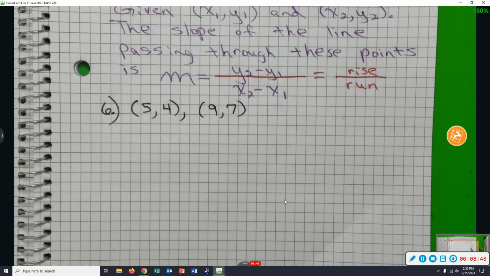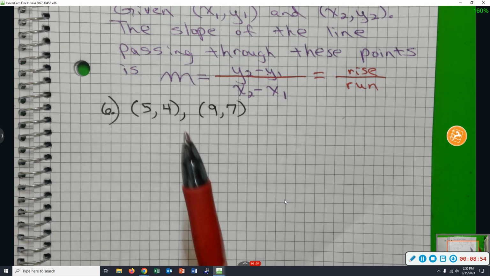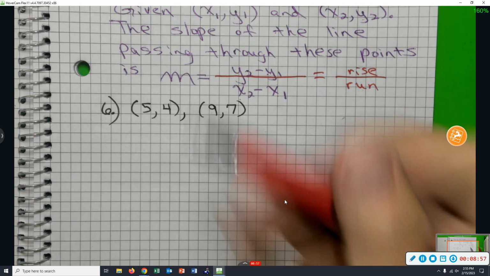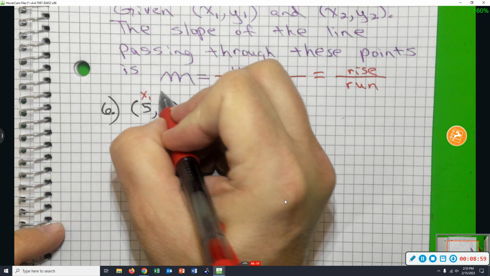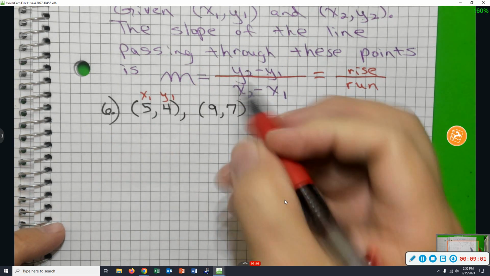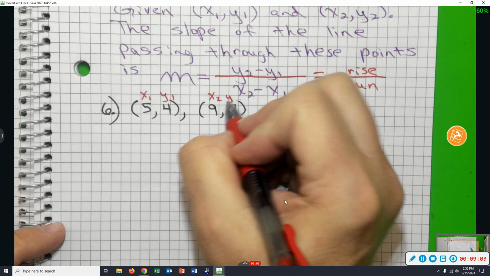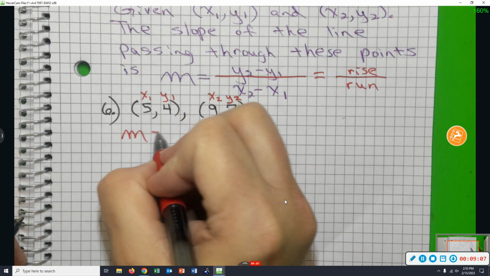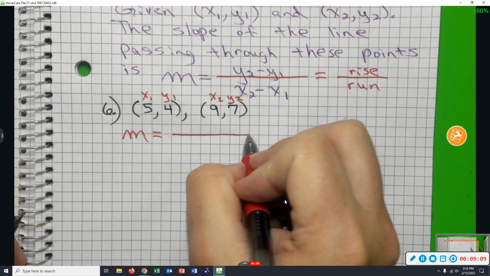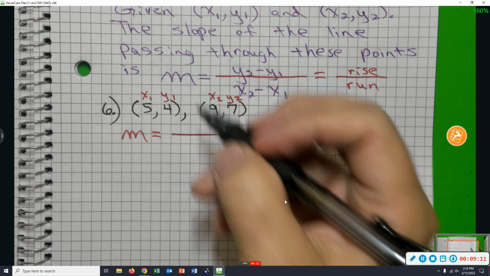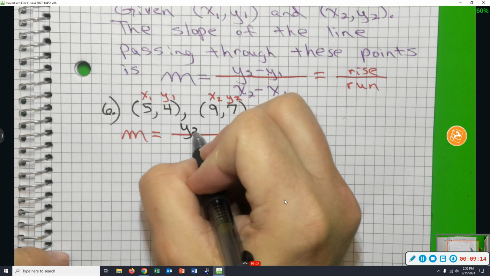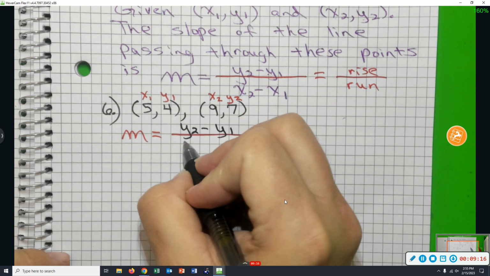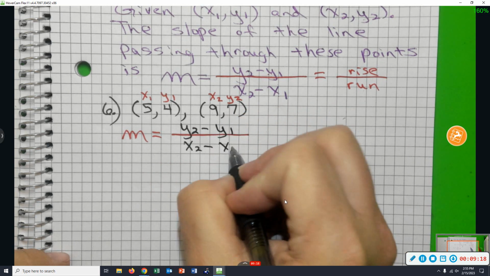Just like you did with the distance formula and the midpoint formula, I'm going to identify the first point I write down. The first ordered pair, I'm going to think of as x1, y1. The second ordered pair, I'll think of as x2, y2. We know the slope is given by y2 minus y1 all over x2 minus x1.